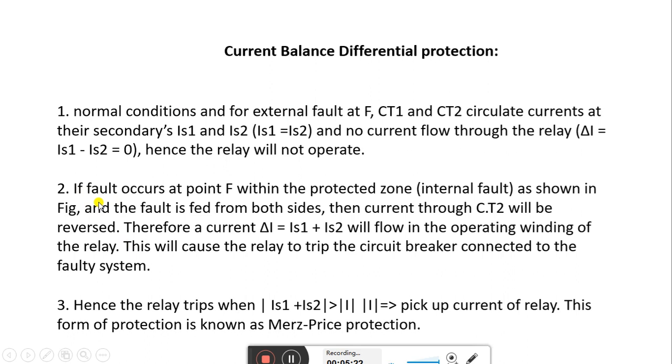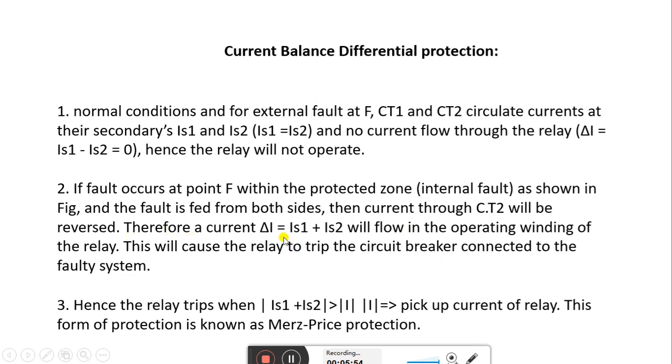Now the second point is that if a fault occurs at point F within the protected zone, that is called an internal fault, as shown in the figure in the next slide. Then the fault current is fed from both sides, and the current through CT2 will be reversed.